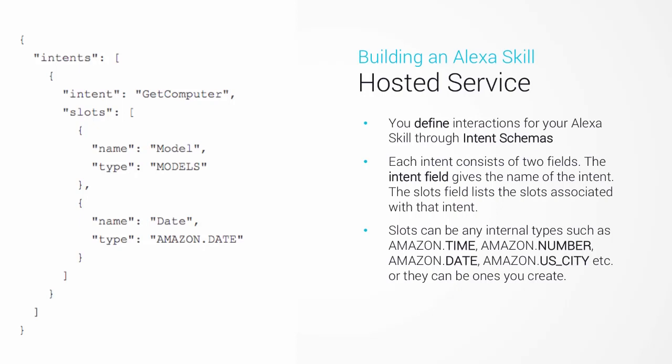And internal types do the magic of taking real human language and converting it into a programmatic data type. So for example, if I said, what were the computers 10 years ago? Alexa has intelligence that she'll take 10 years ago and convert that to a programmatic date for you using an Amazon.date. So you would see something from 2006.